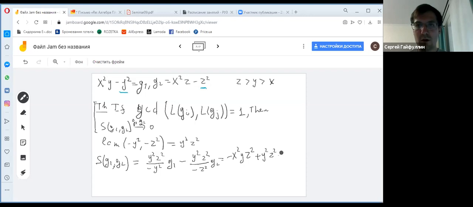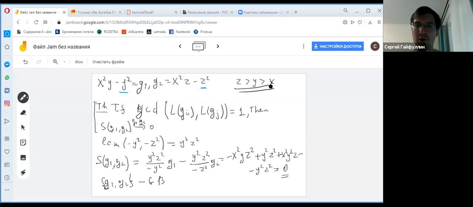So it is x squared y squared z minus y squared z squared. So this is just 0. I should not reduce; this is already 0. And now I have that G1 and G2 is a Gröbner basis for this ordering.